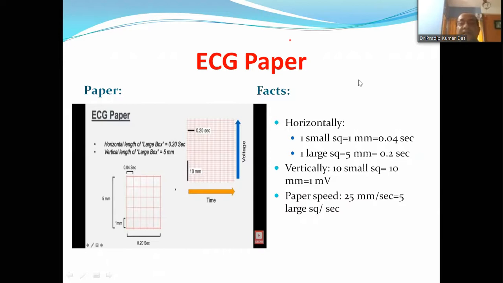Vertically, we measure the amplitude or voltage, 10 small squares equal to 1 millivolt, and paper speed usually we use 25 millimeter per second or 5 large squares per second.